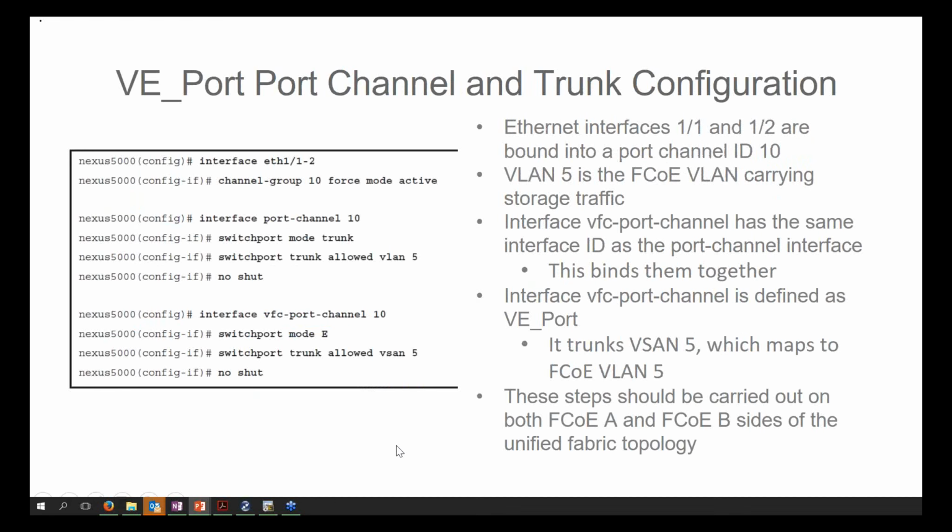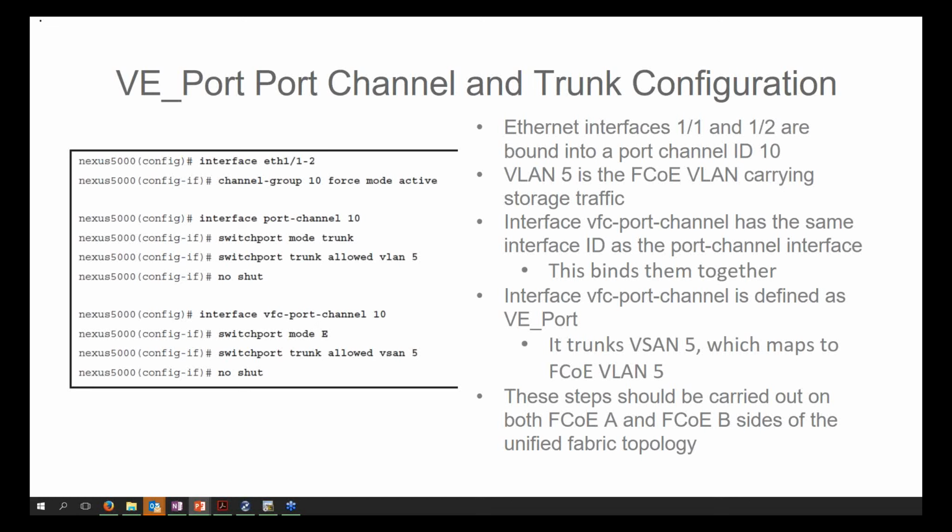In order to configure a VE port channel and trunk configuration, in this example, we're taking physical interfaces Ethernet 1 to 2 and creating a port group out of them, giving it port channel ID number 10. Under that port channel, we're going to do switchport mode trunk and allow VLAN 5, which is the FCoE VLAN 5.